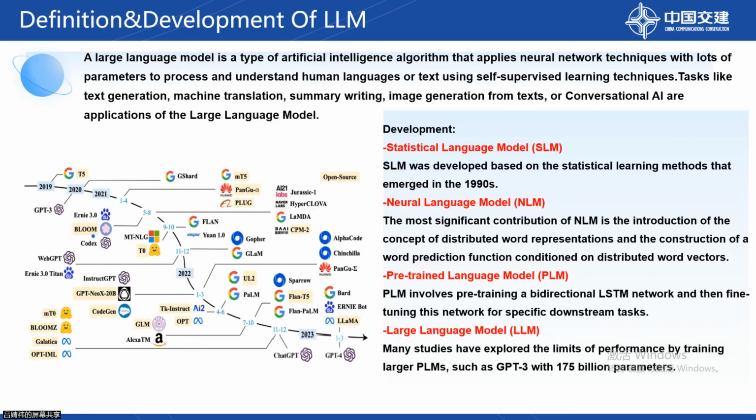Many studies have explored the limits of performance by training large models, such as GPT-3 with 175 billion parameters. These models have demonstrated astonishing capability in solving a wide range of complex tasks.